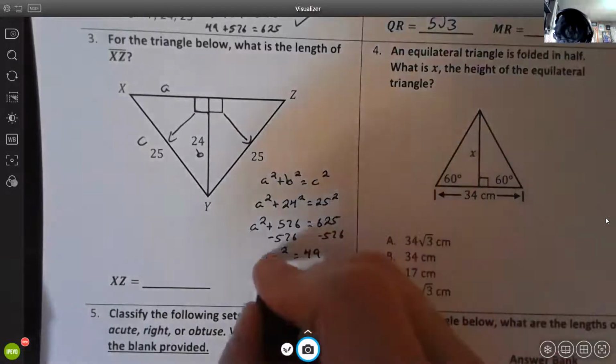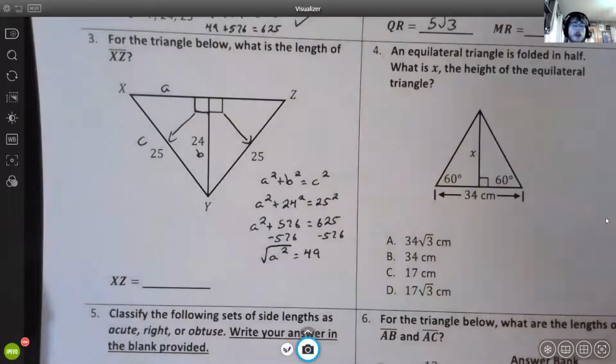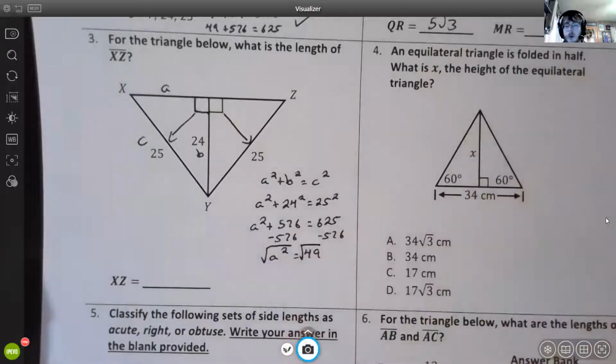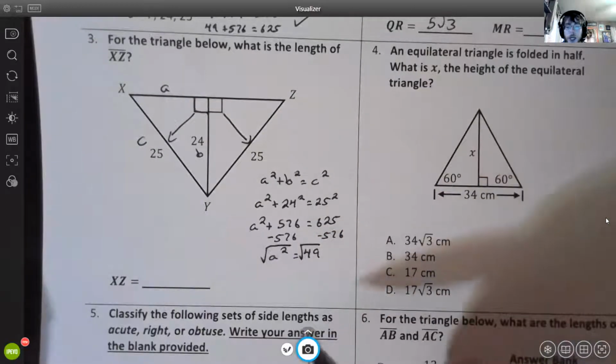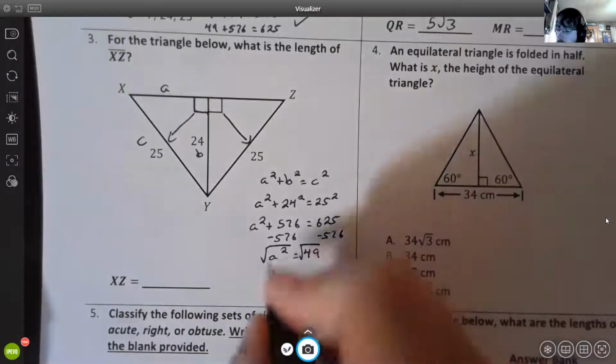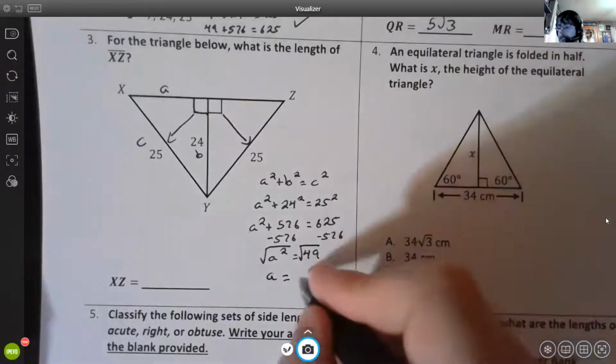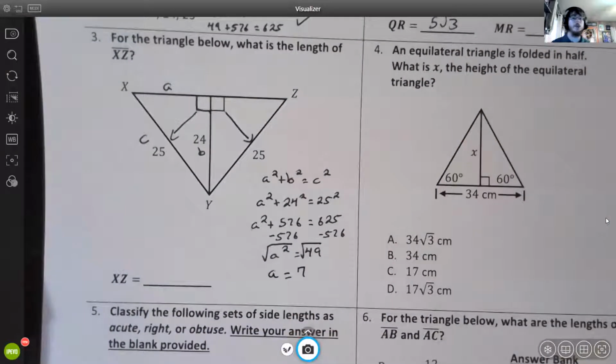So we're going to square root A squared. But what we do to one side, we have to do to the other. So we're going to square root 49 as well. The square root of A squared, the squareds cancel, and that just leaves us with A. And the square root of 49 is 7. So A equals 7.